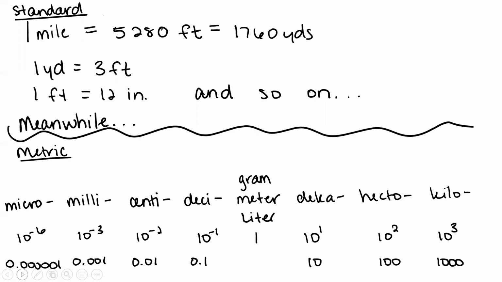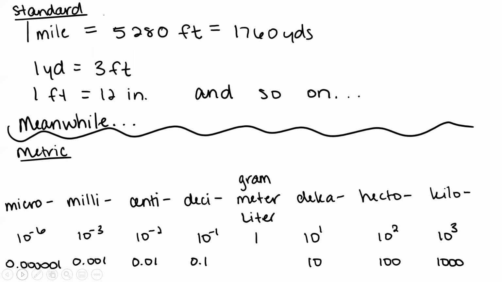Now, since the metric system is commonly used in chemistry and other sciences, you have to be able to convert in this one too. I think this is a little bit easier, but it's all up to personal preference. The metric system works in multiples of 10. Say we're working in meters, also a measurement of distance, and we have 1 meter.